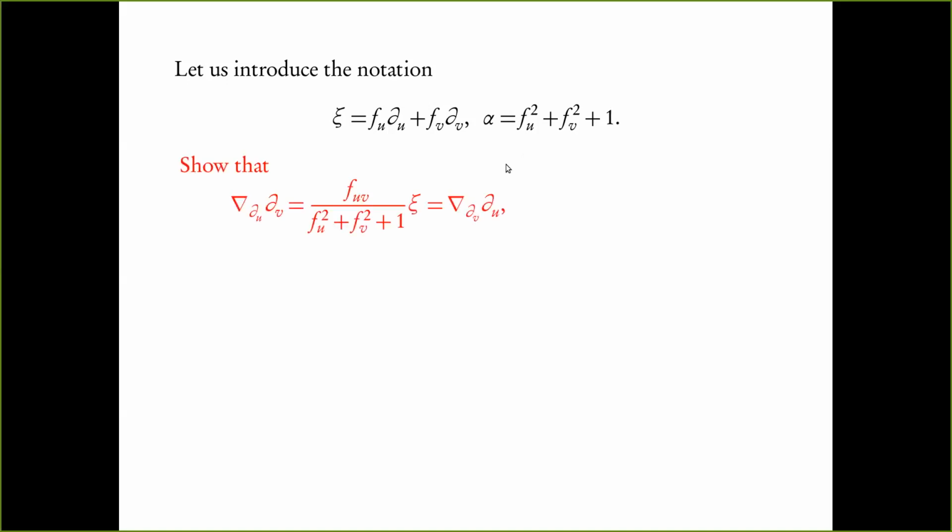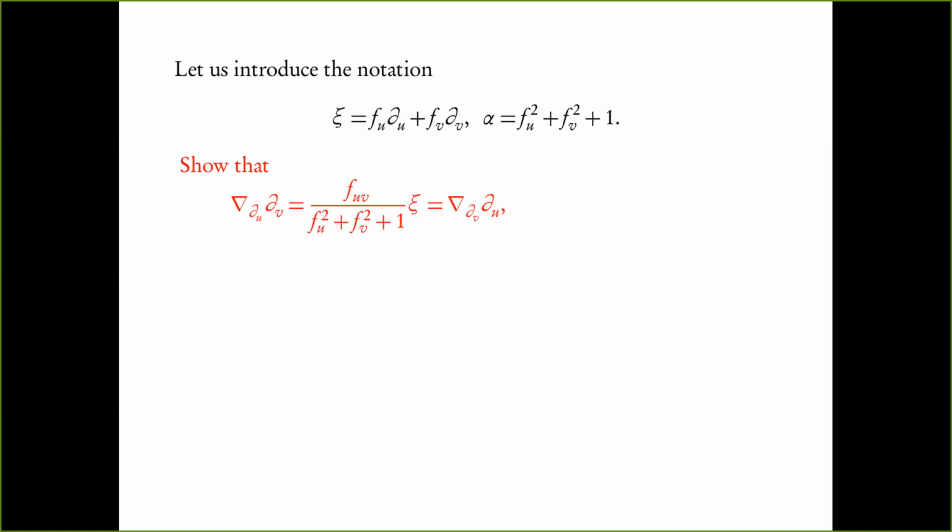So the exercise for you now, if you followed the calculation earlier or the suggested method, is to show that if I calculate nabla del v with respect to del u, or covariantly differentiate del u with respect to del v, I would get the same answer, which is this alpha quantity at the denominator, f_uv in the numerator, times xi. So note that nabla del u del v is equal to nabla del v del u. I'll give you a moment to think of why that's the case.